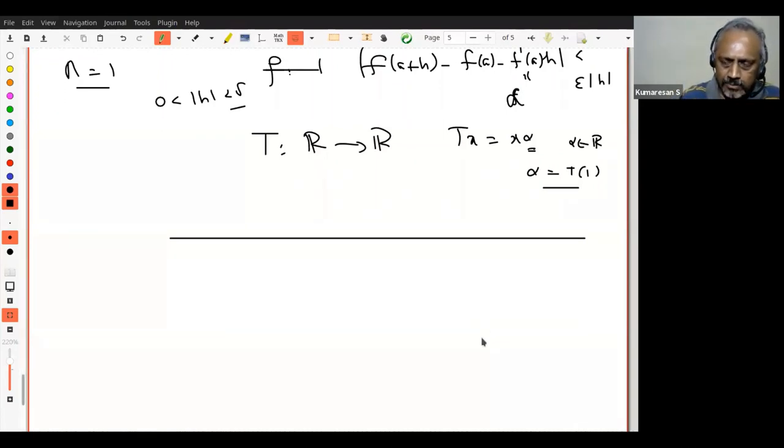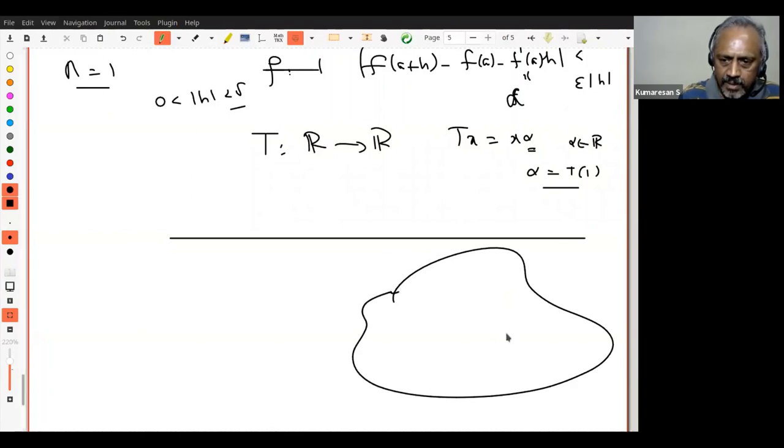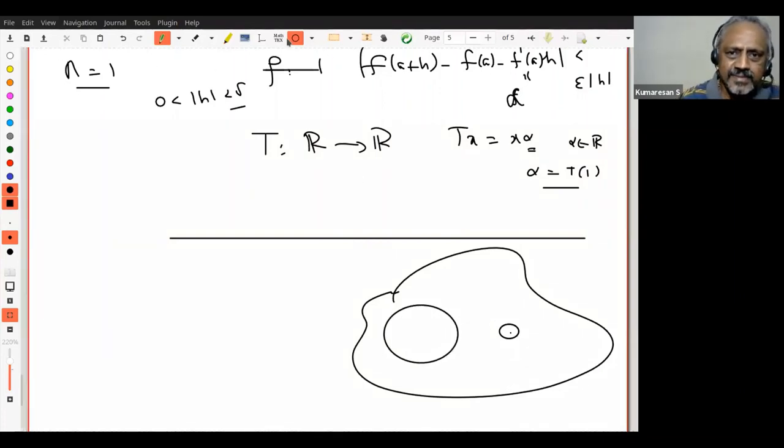Now I want to do one step better. Let me look at the picture. So U is somewhere here and this is my A. I want a big picture.